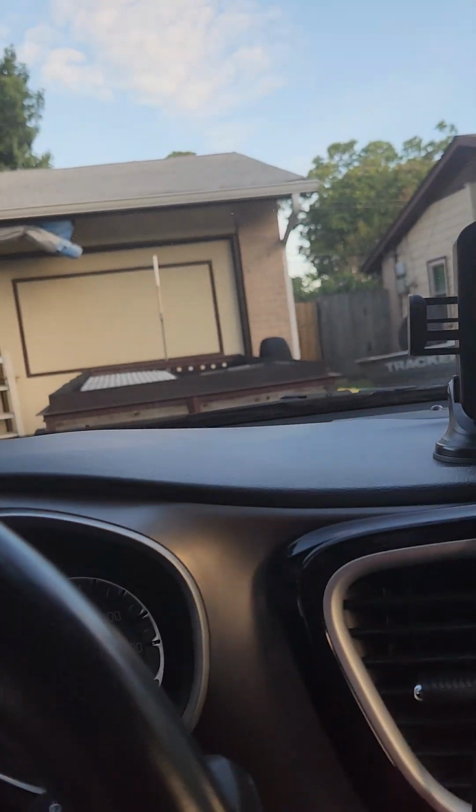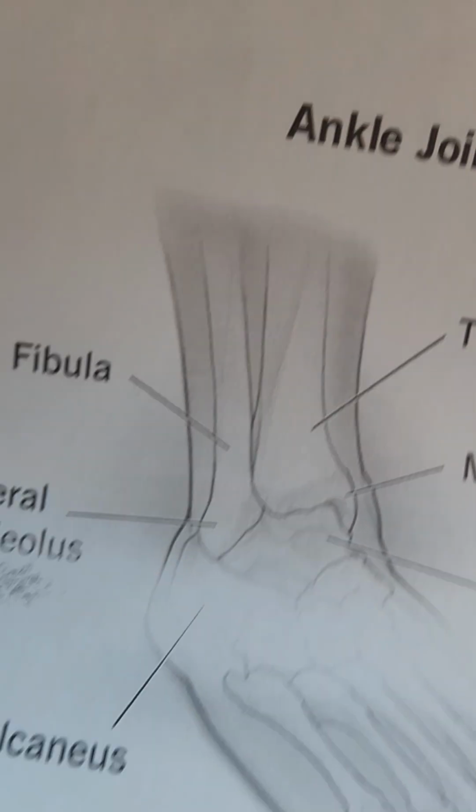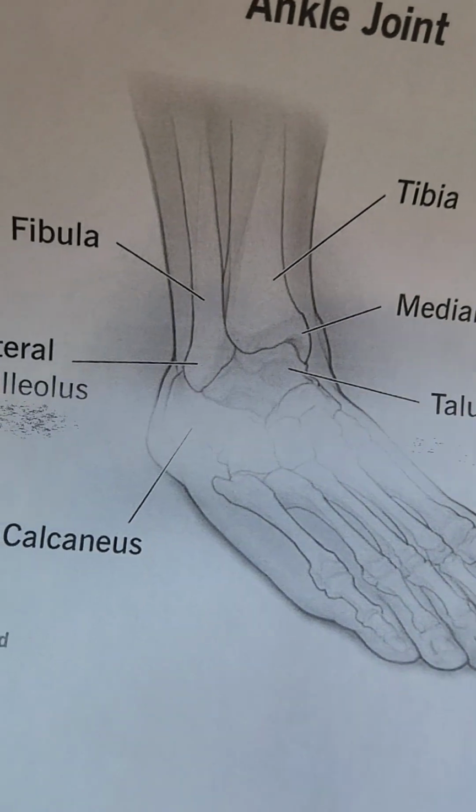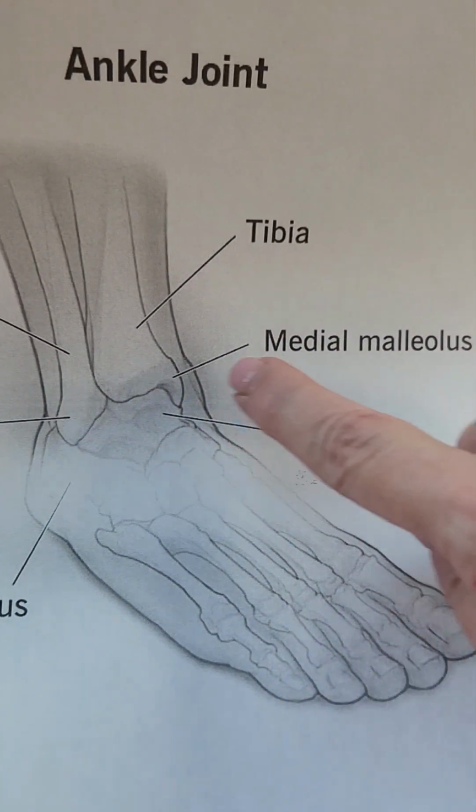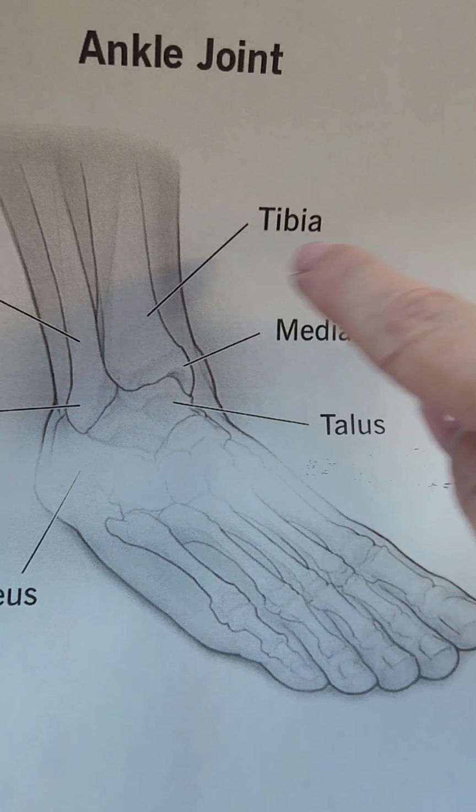I'm going to turn this around, and I'm going to show you what a normal ankle joint looks like. Here we go. Going to hold this up. So, once again, medial side, tibia, medial malleolus, right here.